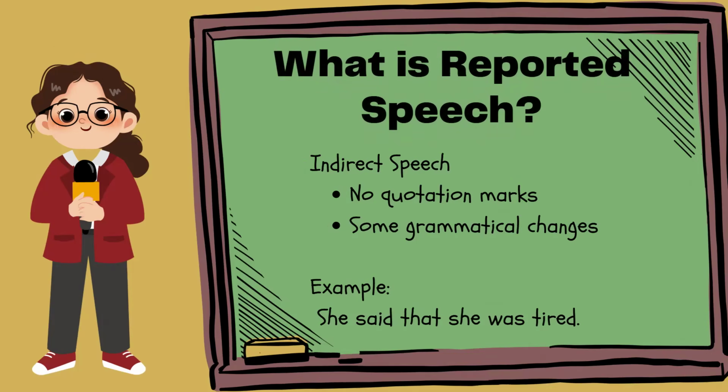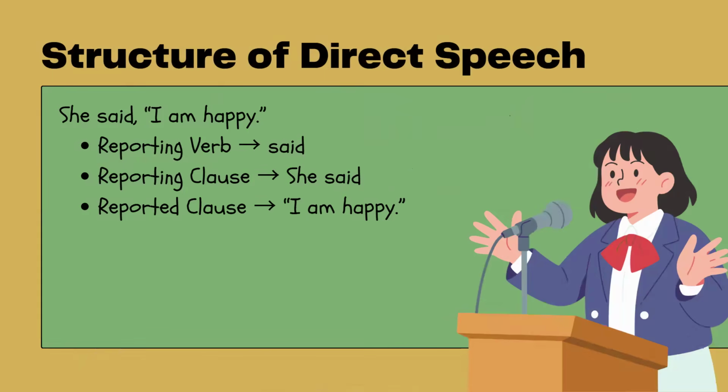In indirect speech, we do not copy the exact words. We transform them, and that transformation follows certain rules. Let us understand the structure of direct speech. She said, comma, in double quotation, "I am happy." There are three parts in this sentence.